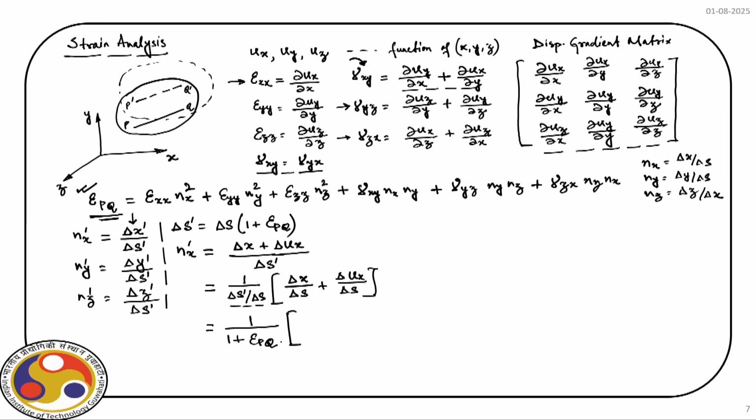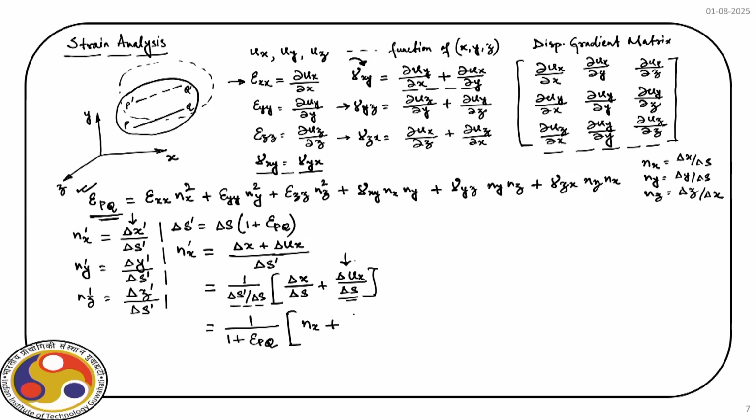Then within the third bracket, the first term we can identify as nx plus, then we have the increment in delta ux over the length delta s, right.